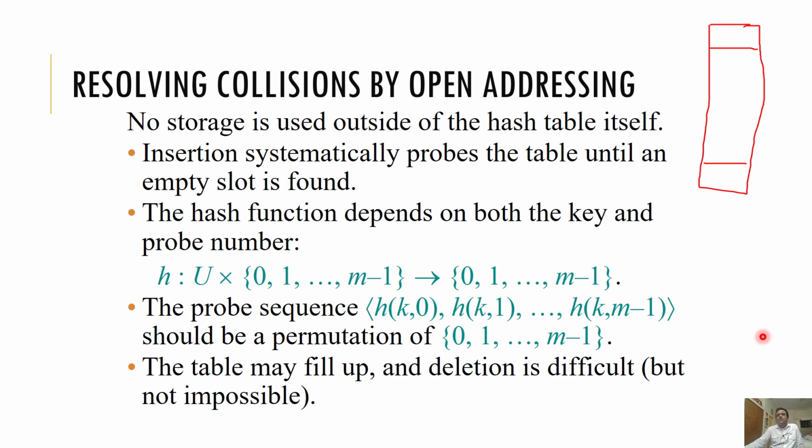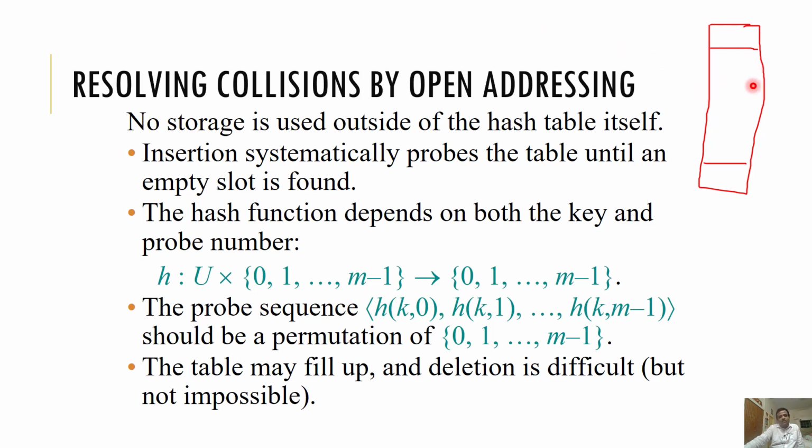So what we do is use a family of hash functions, and these are called the probe sequence, or probe numbers. Each probe number will give us a different hash function. Given a key, we use a hash function and it will hit some slot.